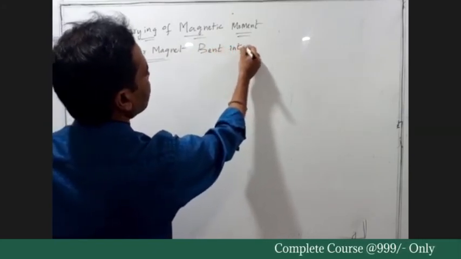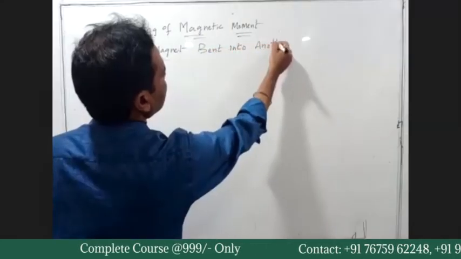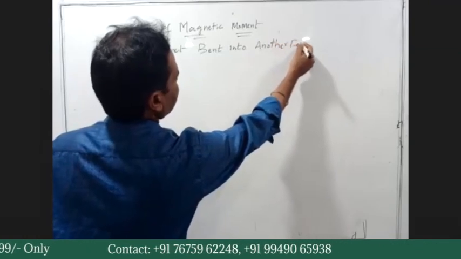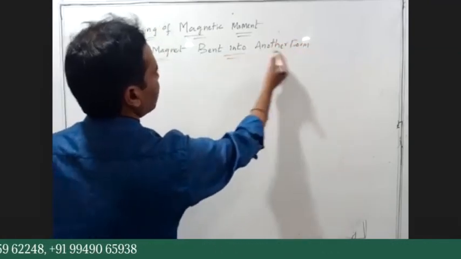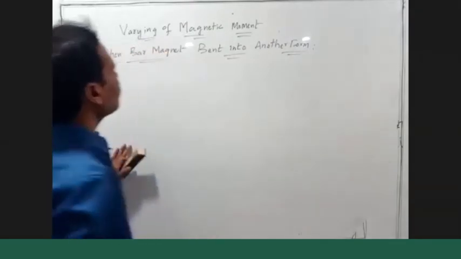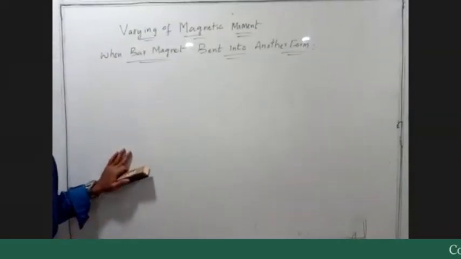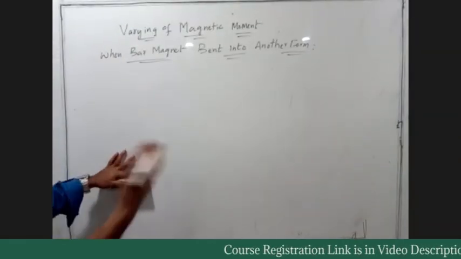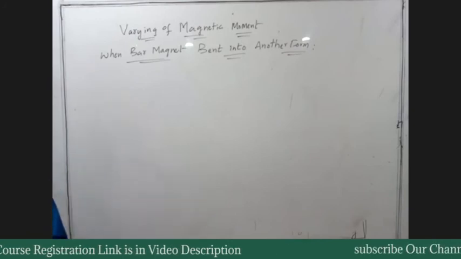When it is bent into another geometrical form, we have to calculate how the magnetic moment of the bar magnet varies. We have to find that here.